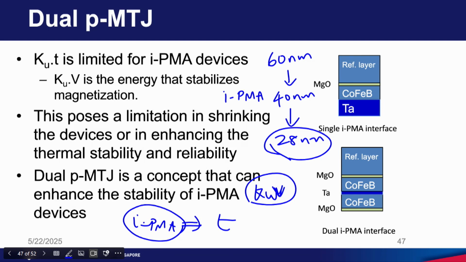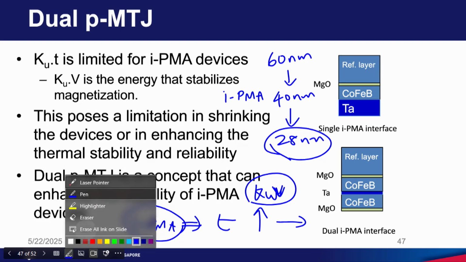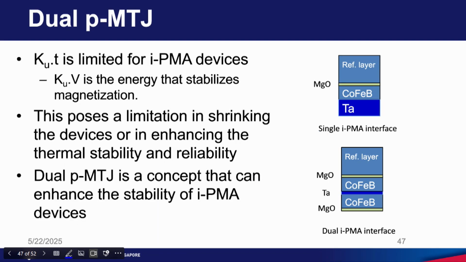But in the case of interface PMA, you know that if you increase the thickness of cobalt iron boron, magnetization will go from perpendicular direction to in plane. So you cannot just increase the thickness of cobalt iron boron. Okay, but if you want to increase the volume of the device, you can come up with some creative idea like this.